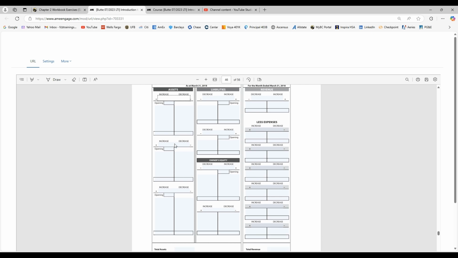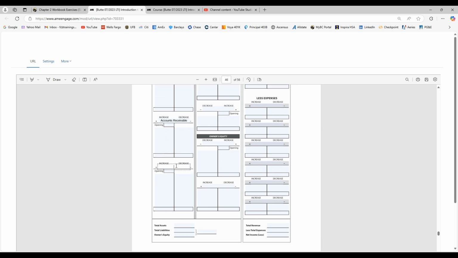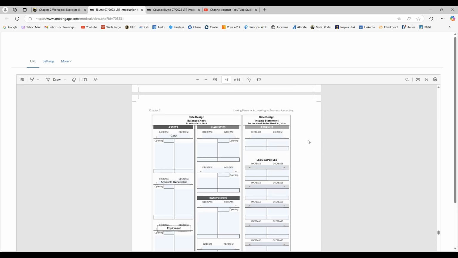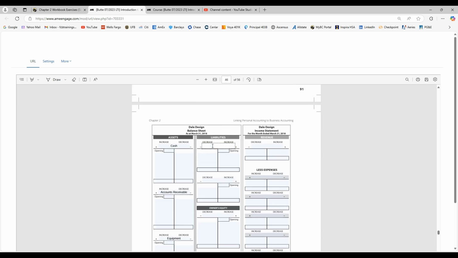But like I mentioned, we will want to put in the T account names. So I'm going to go through and do that now. We identify which are our assets and what's our liabilities here. So we have accounts payable.